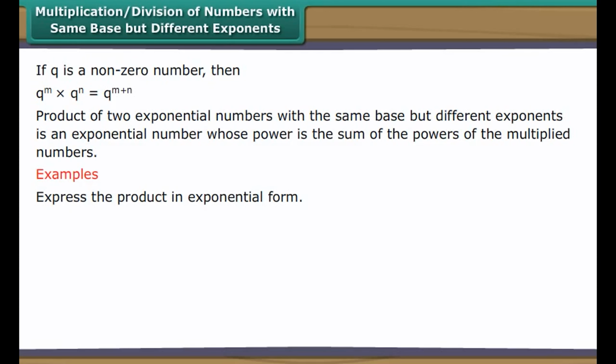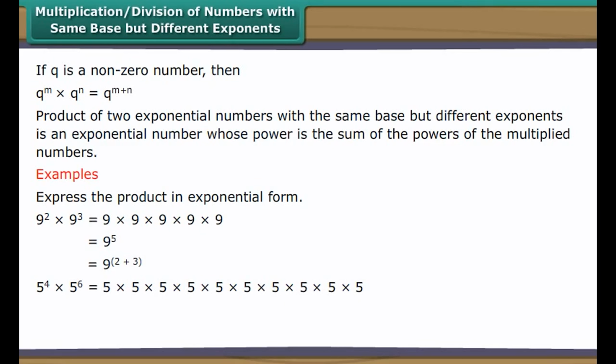Express the product in exponential form. 9 square into 9 raised to the power 3 is equal to 9 into 9 into 9 into 9 into 9, which equals 9 raised to the power 5 equals 9 raised to the power 2 plus 3. 5 raised to the power 4 into 5 raised to the power 6 is equal to 5 multiplied ten times, which equals 5 raised to the power 10, which is equal to 5 raised to the power 4 plus 6.